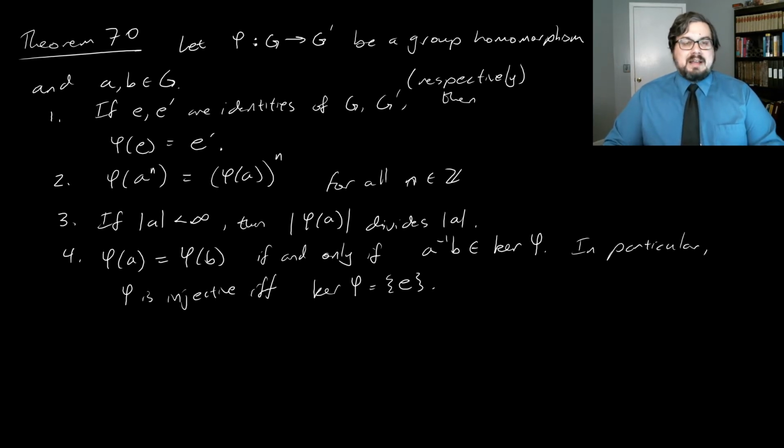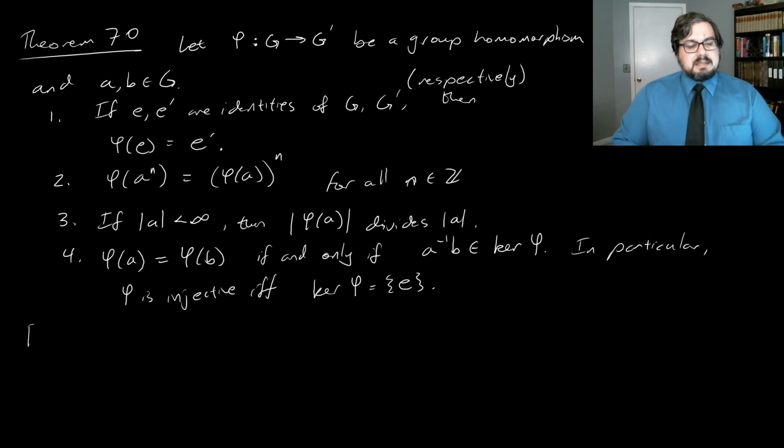It's going to turn out that we're going to care a lot about whether group homomorphisms are injective, and it's going to be much more efficient to prove that by proving that their kernel is trivial, that is the smallest it could possibly be, rather than directly in almost all cases.